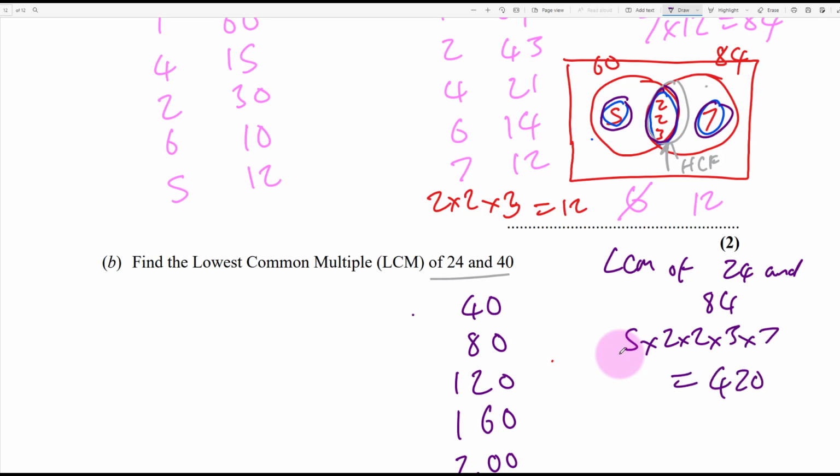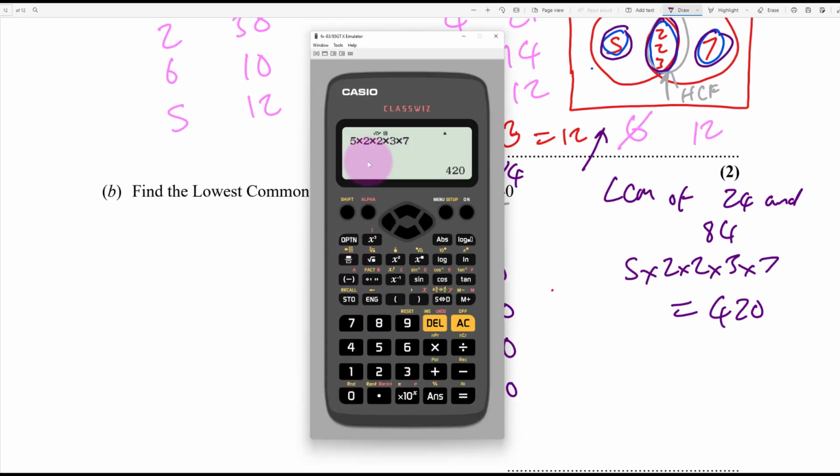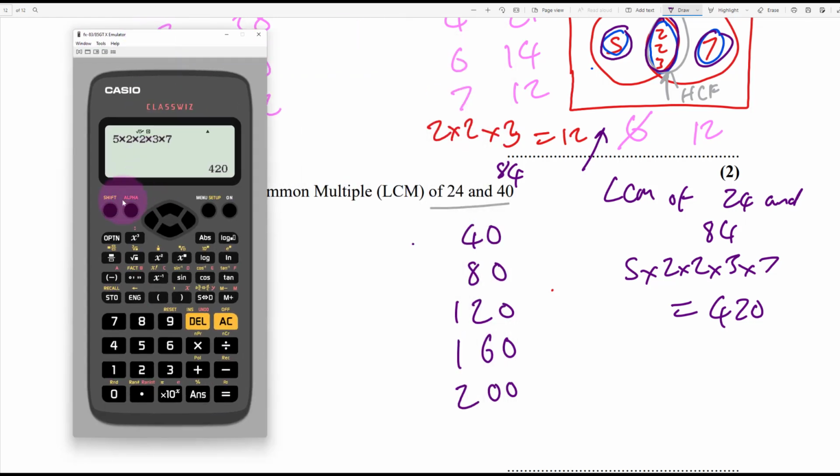That's the LCM of those two. So you can see how if they made this 84, doing this at the start helps. These numbers look quite straightforward and it's a calculator paper, but you do make mistakes because you can make calculation errors.